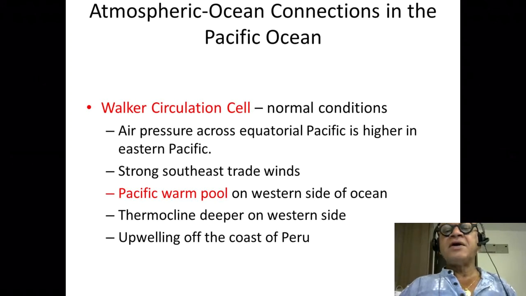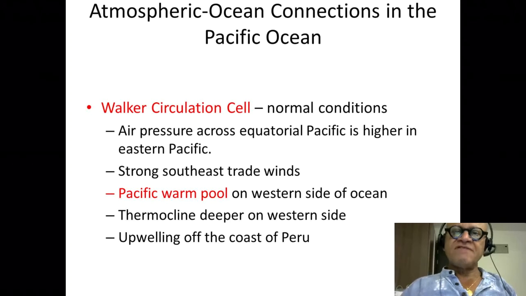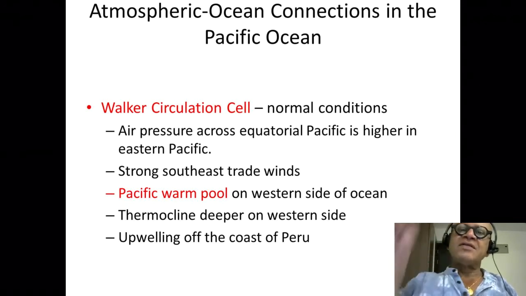And he was the first one to figure out these sorts of circulation, that there is convection and rising air and there is sinking on the other side. And this circulation in the Pacific is named after him, the Walker circulation cell, or the Walker cell. So you have the Hadley cell and the Walker cell.